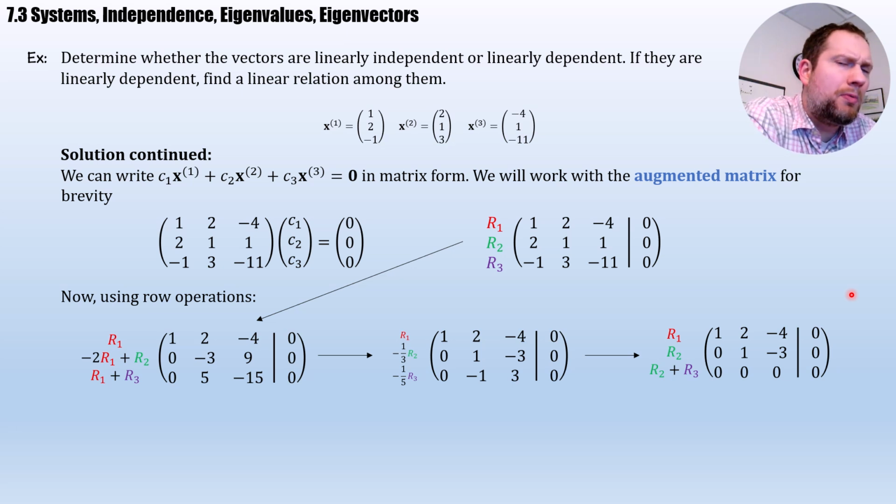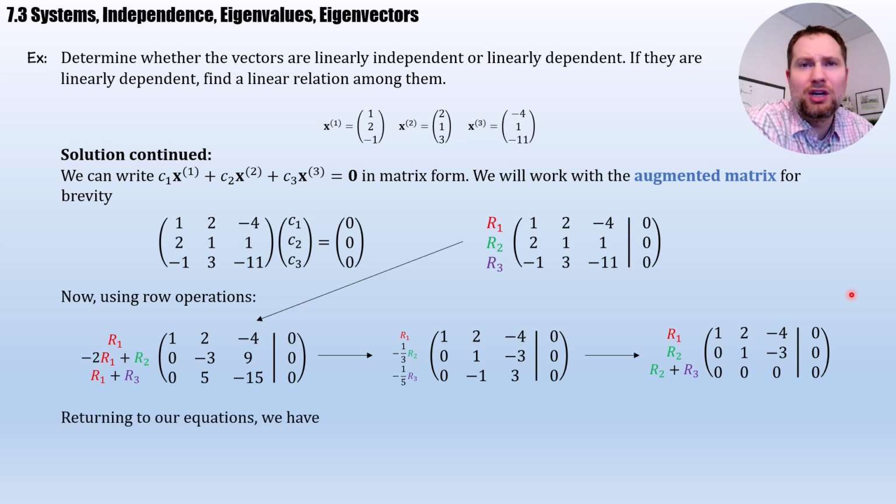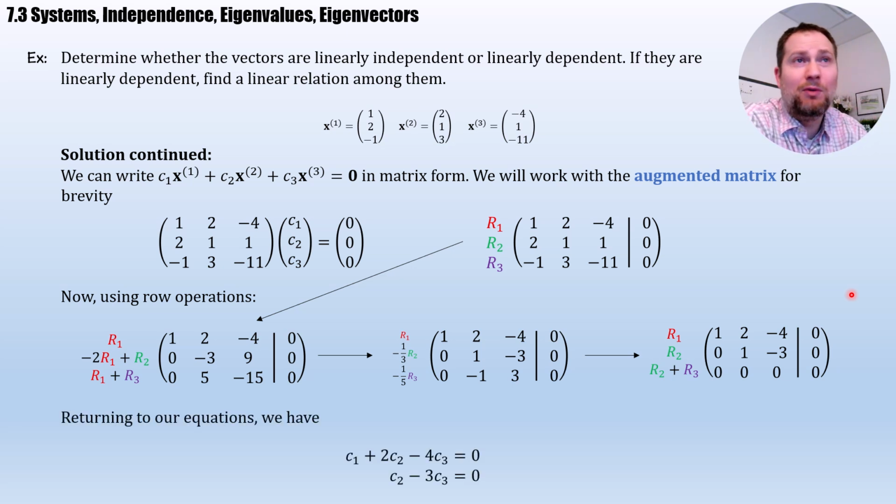But here, let's interpret what we have, because something interesting has happened. Whenever we get a row of zeros after doing some reduction, it means there's some dependency. So I'm already hinting at what the answer to the actual question is here. Let's write down again what that means in terms of the constants from the problem.